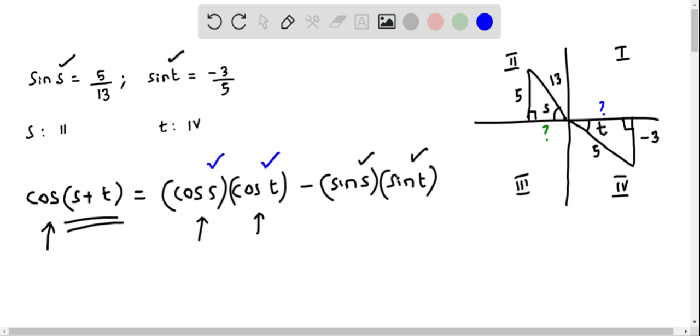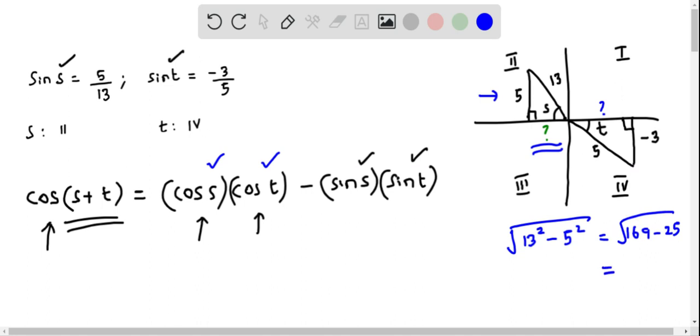So first, let's consider quadrant 2. We can use the Pythagorean theorem to determine this unknown side length. So basically, this is equivalent to the square root of the hypotenuse squared, that is 13 squared, minus the other side squared, that is 5 squared. So 13 squared is 169 and 5 squared is 25.